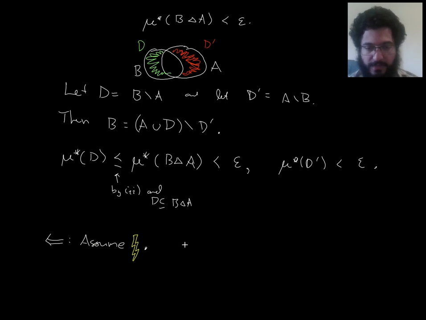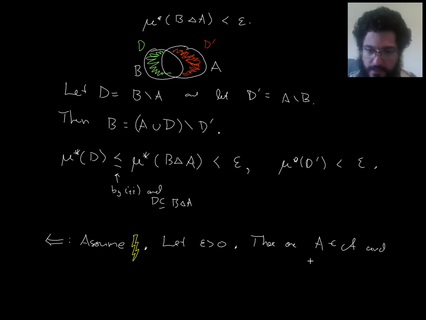And what we need to prove is that B is mu measurable, which is also a for all epsilon type condition. So let epsilon be greater than 0 for the sake of proving that B is mu measurable. And let's use lightning bolt to get some special A and some not so special D and D prime.